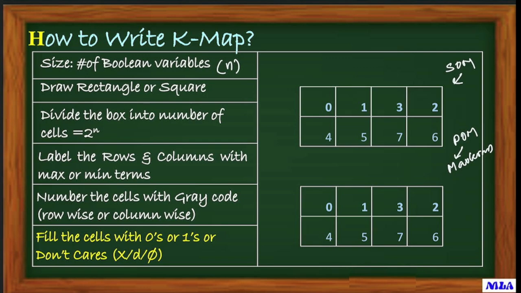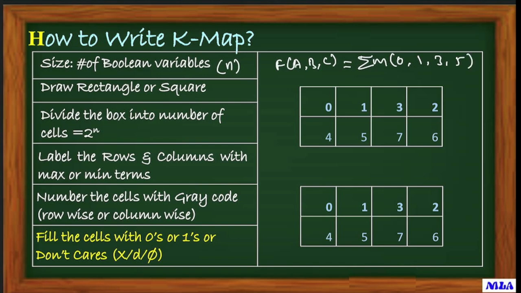Now let me consider a simple example here for filling the cells. Let me consider that we have been given a 3 variable Boolean function in a sum of min term form as 0, 1, 3, 5, and with don't care 7. So we now will look into the min terms. There are 4 min terms given.